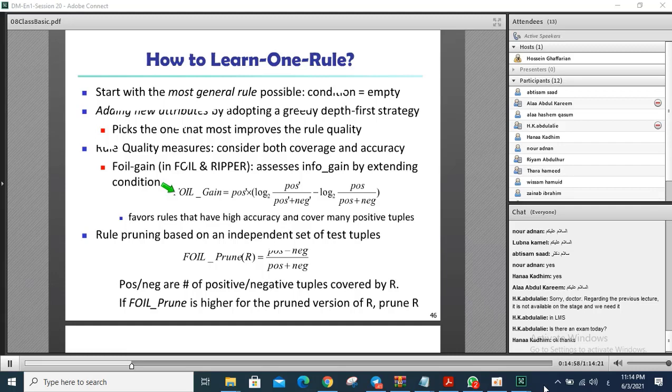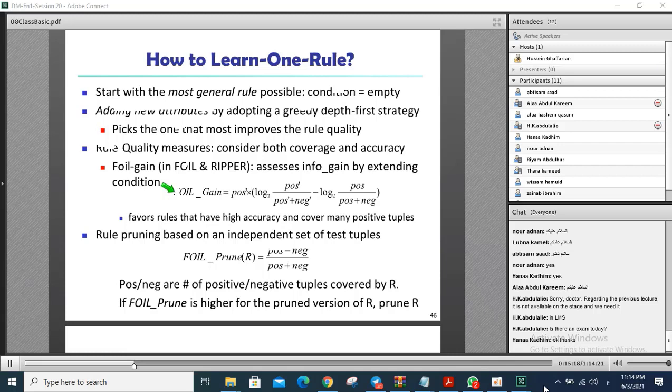This measure shows me the status of the current rule, the accuracy of the current rule, or the coverage zone of the current rule.